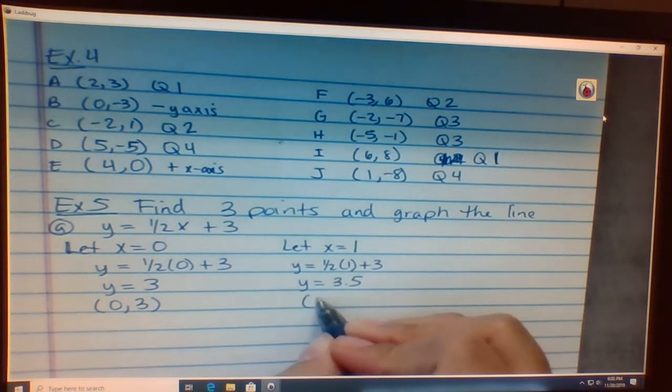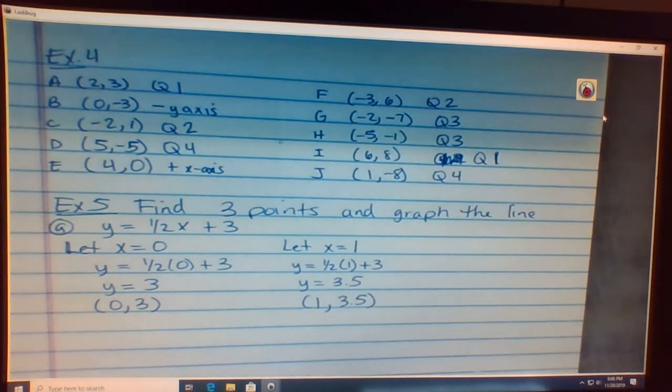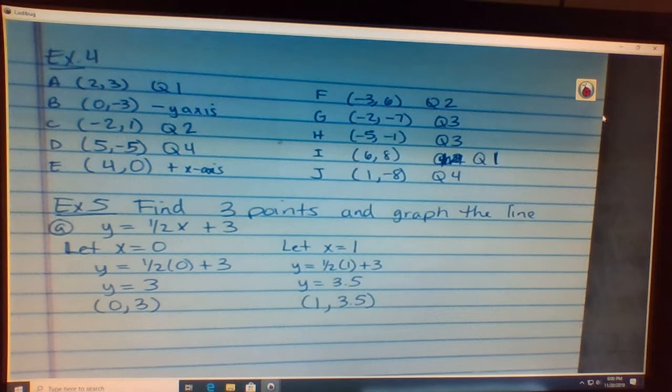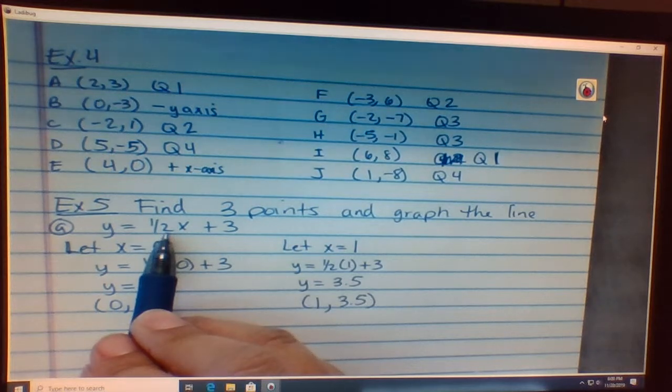So my point is 1, comma 3.5. A recommendation that I could give you when you have fractions: if your denominator is 2, do multiples of 2 so you won't have decimals. So I want to try a 4, let's just say.